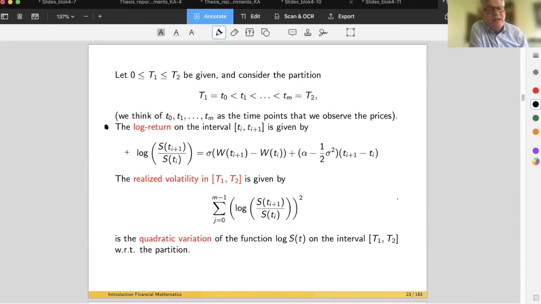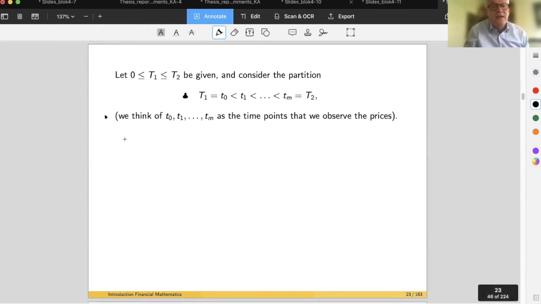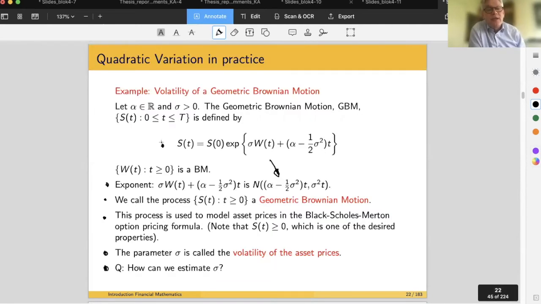Well, we were dealing with exponential functions. Let me look back a slide. We were dealing with exponential functions here. And so the log of the exponential function is the exponent, and the S0 will cancel out if we look at the relative quantity S_{t_{i+1}} divided by S_{t_i}.